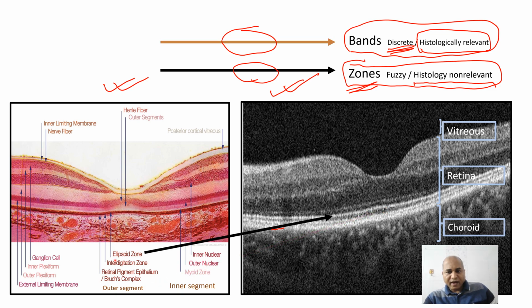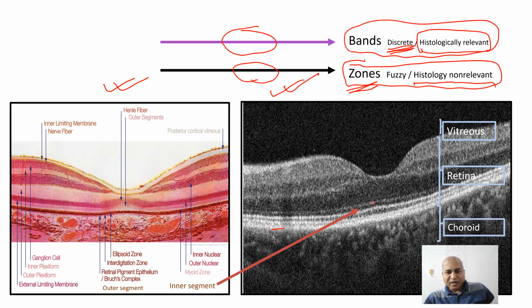And then we have the ellipsoid zone, which is basically a segment between the outer segment of the photoreceptor and the inner segment of the photoreceptor. It is seen as a hyperreflective zone on OCT.